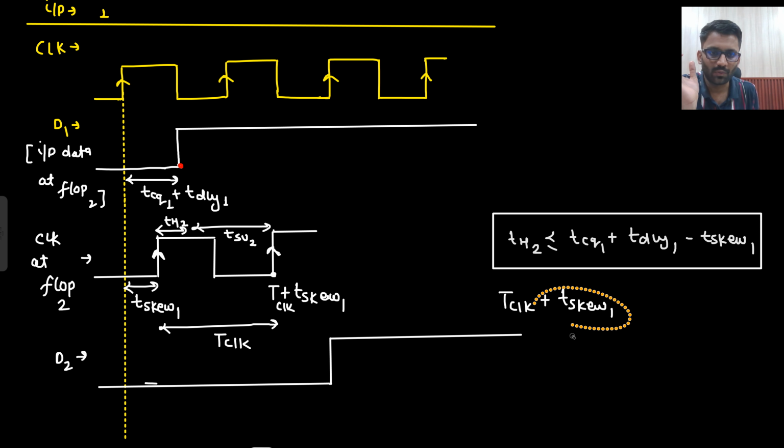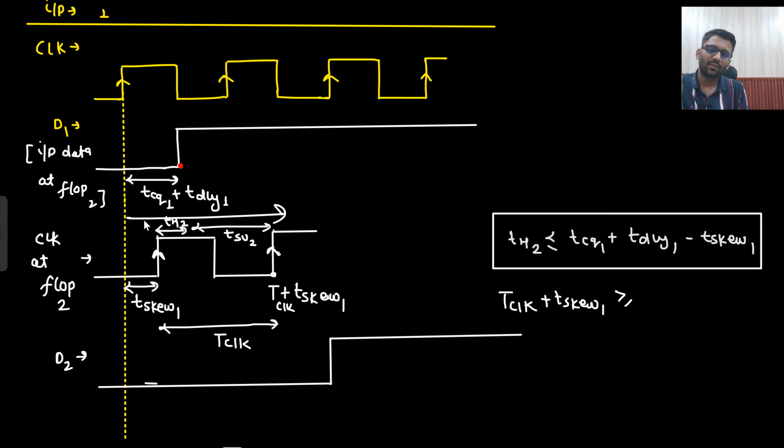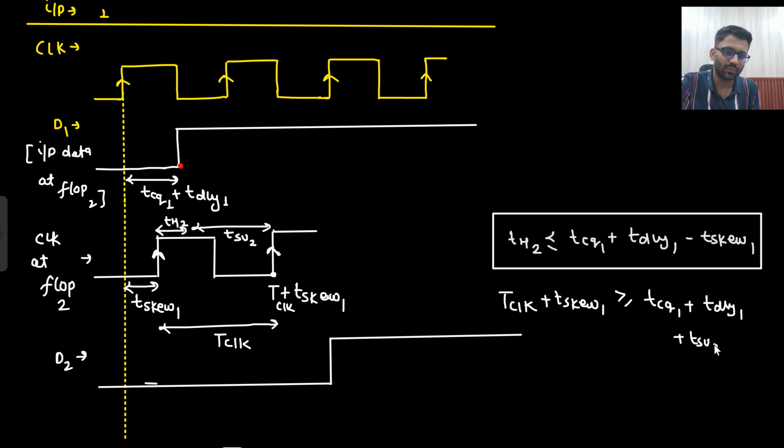Right? So what should be my T clock now? What should be my T clock? So T clock plus T skew1 should be greater than what? How much is this window? This window is TCQ1 plus TDLY1 plus TSU2, right?